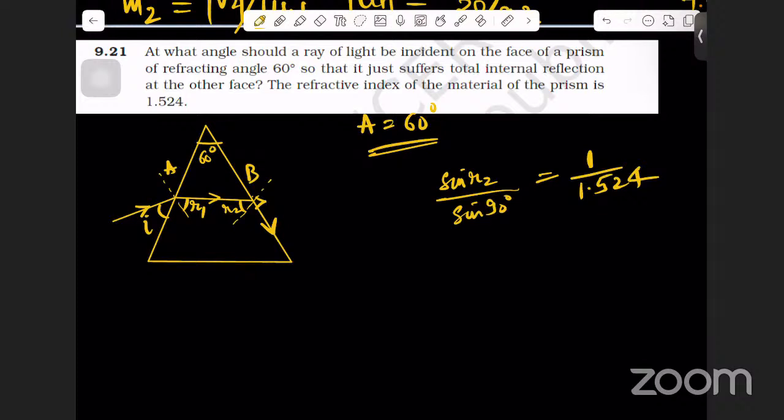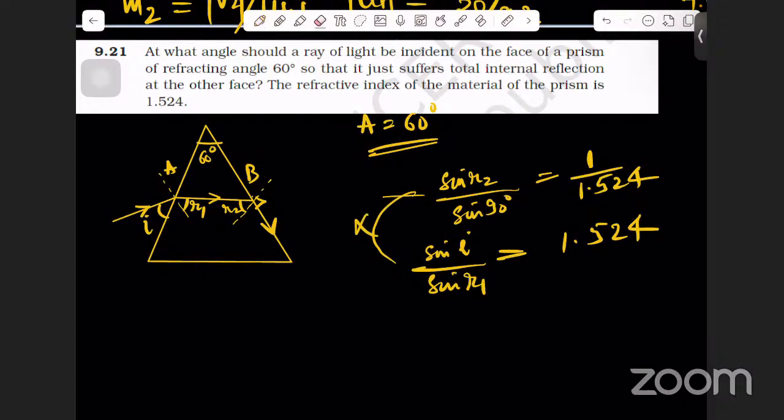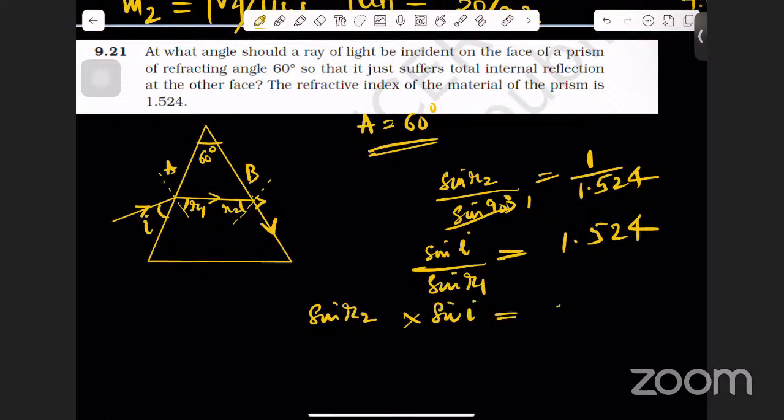And for this face, for point A, we have sine I upon sine R1 is equal to 1.524. If you multiply these two, you will get 1, right? So sine R2 into sine I is equal to sine R1.